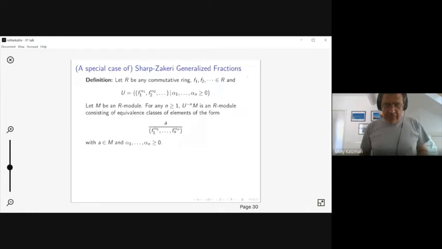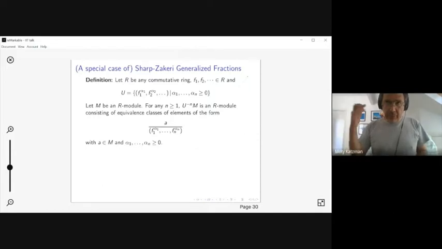The only bad thing about generalized fractions is that there's a lot of technical stuff that one needs to do first. So let me first tell you what these things are, then let me tell you what the technical stuff is. What we're going to do is a generalization of localization, with an analog of denominators.